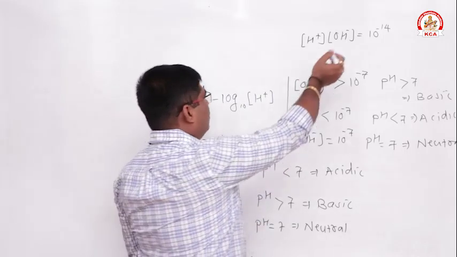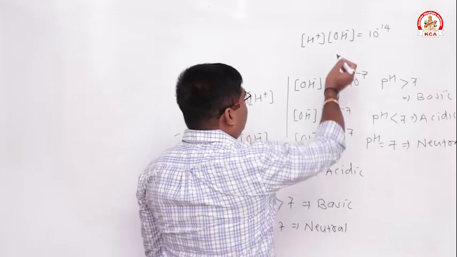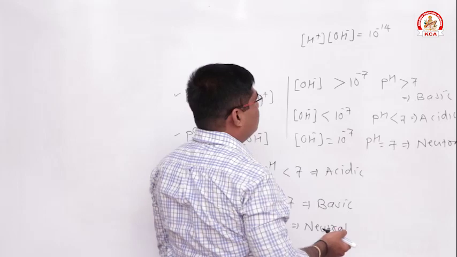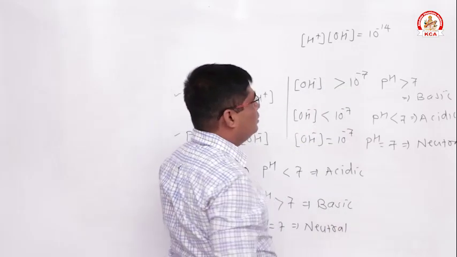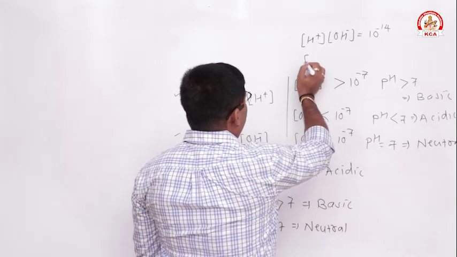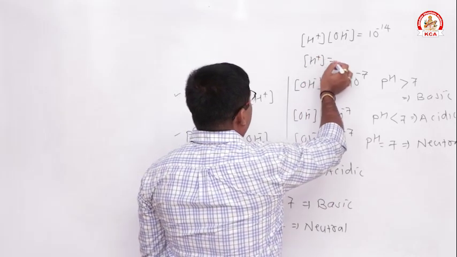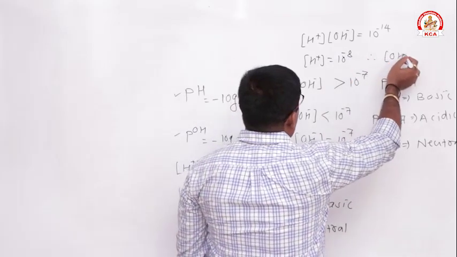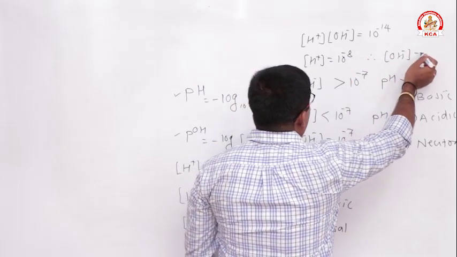H plus into OH minus concentration. If your OH minus concentration is more than 10 raised to minus 7, then H plus ion concentration is less than 10 raised to minus 7. For example, suppose H plus ion concentration is 10 raised to minus 8, therefore OH minus ion concentration is equal to what?